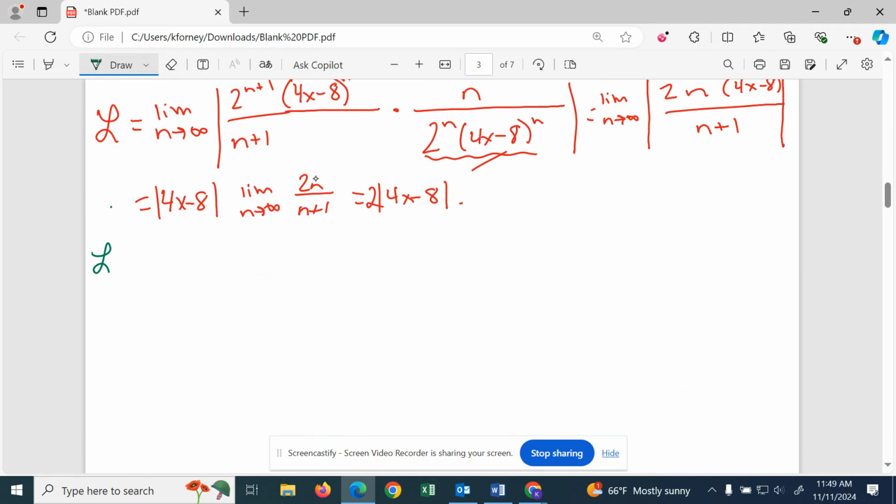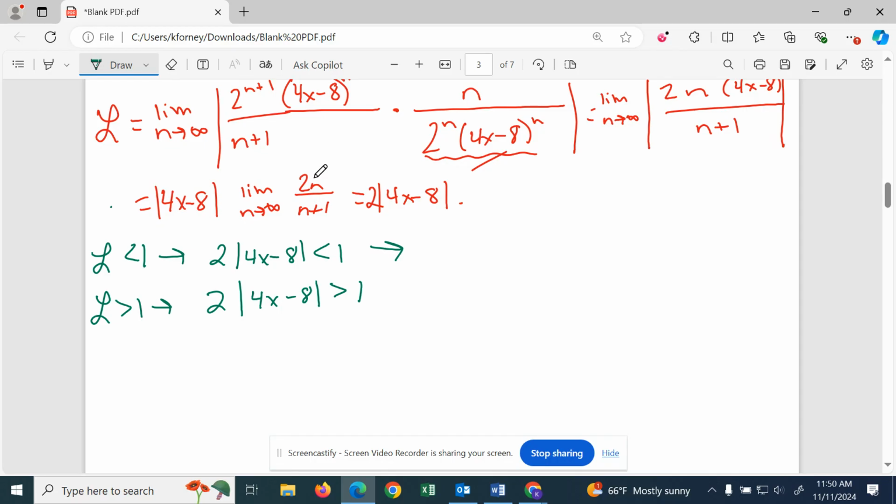So L is less than 1 when 2 times the absolute value of 4x subtract 8 is less than 1, and L is greater than 1 when 2 times the absolute value of 4x minus 8 is greater than 1.